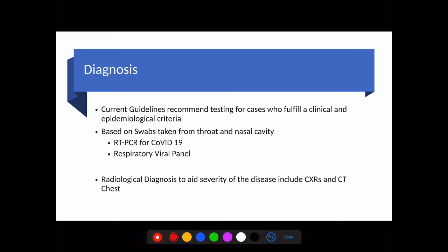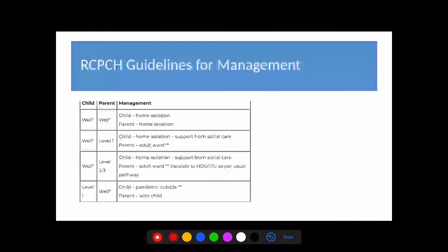Now, CT of the chest is not routinely used in pediatric population because of the radiation involved. So chest X-rays are used, and if there is any consolidation, suspected opacities or ground glass appearance, coupled with clinical symptomatology and low SATs, then they have to come in. They have to be admitted, and supportive treatment is given to them.